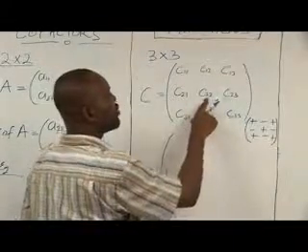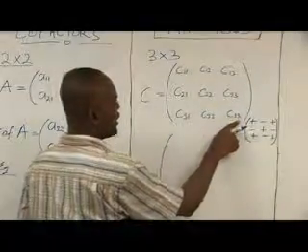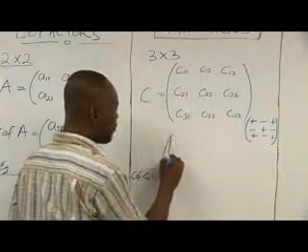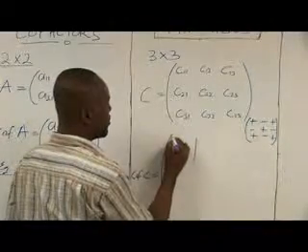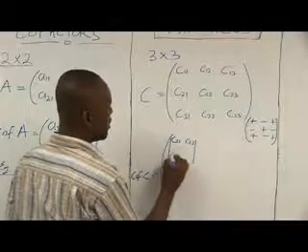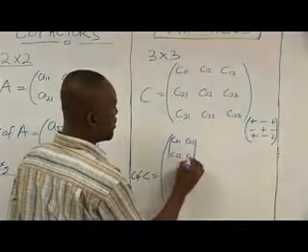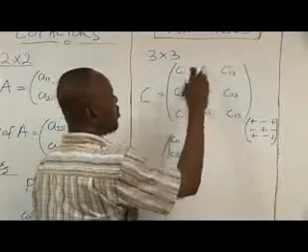We are left with C22, C23, C32, C33. We quickly write there the determinant of that: C22, C23, C32, C33.